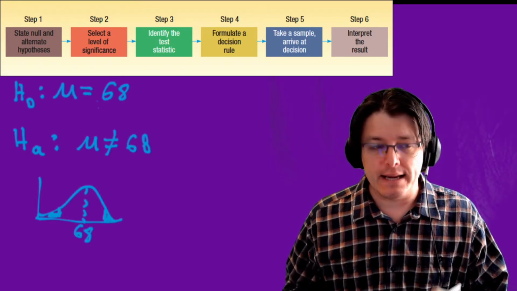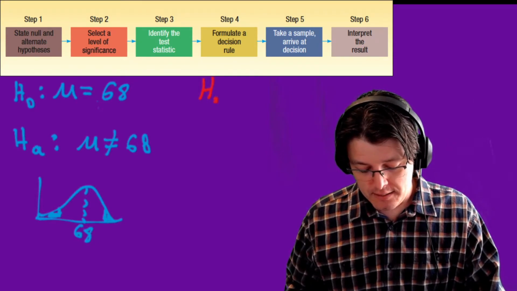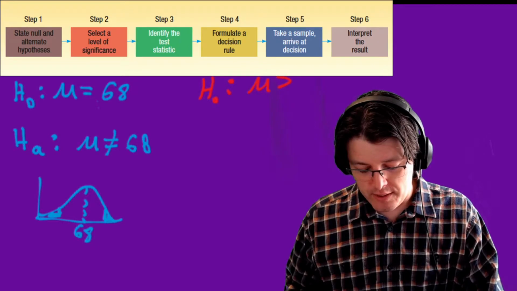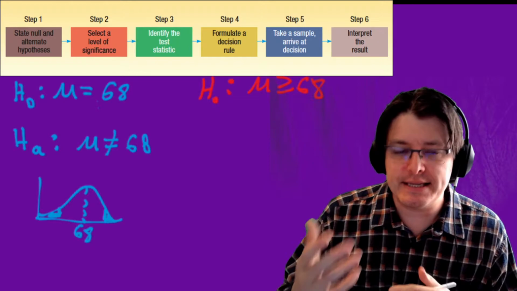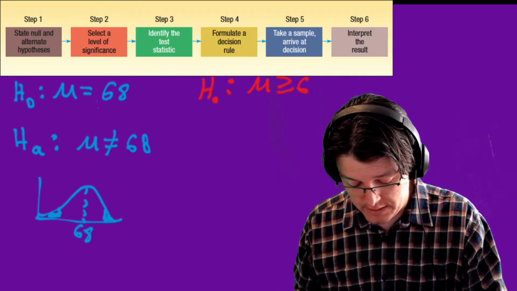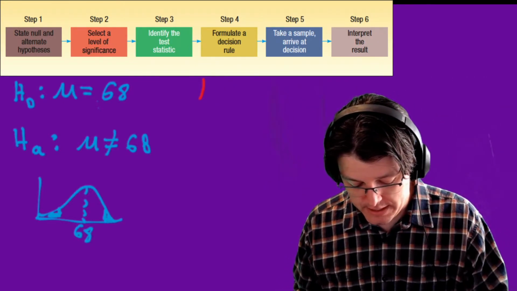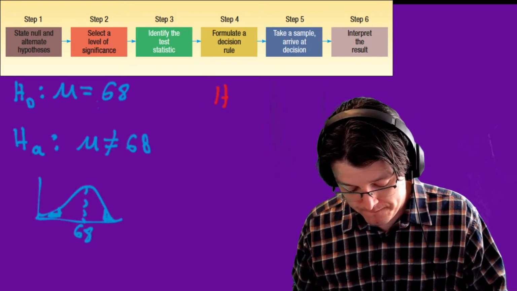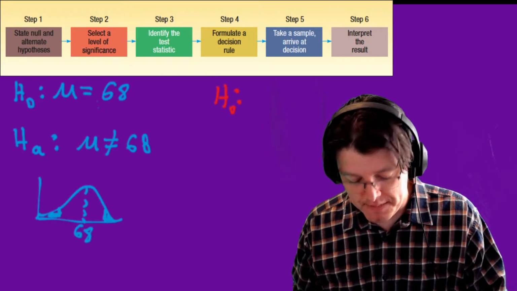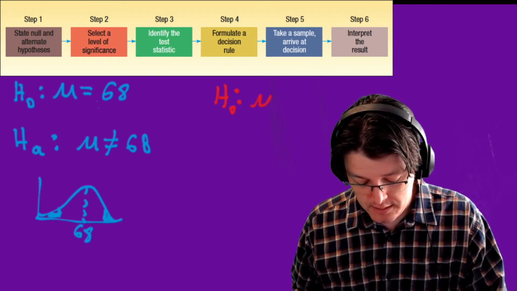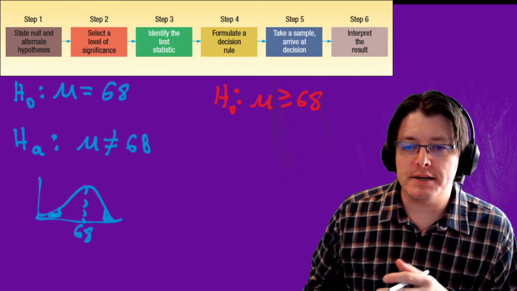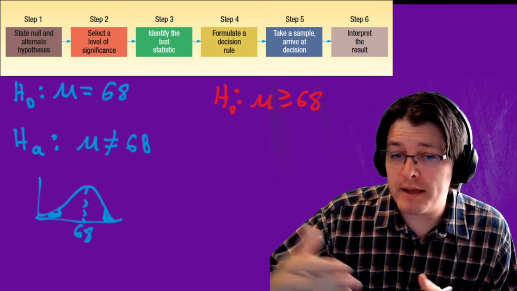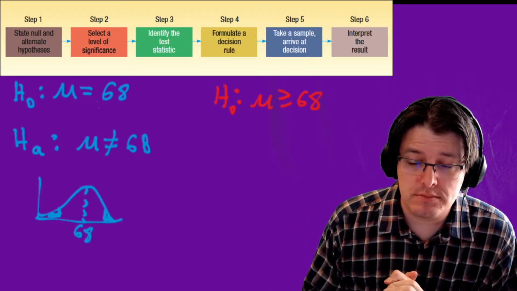So let's look at the other scenario here. What if your friend had said, I think the mean is greater than or equal to 68, or maybe they said it's at least 68. A statement that the mean is at least 68 suggests that they're not wrong if the mean is in fact 72.